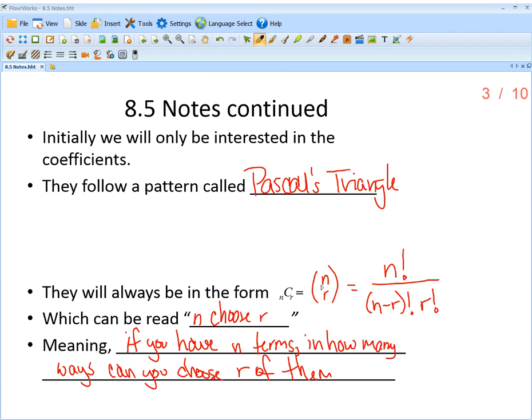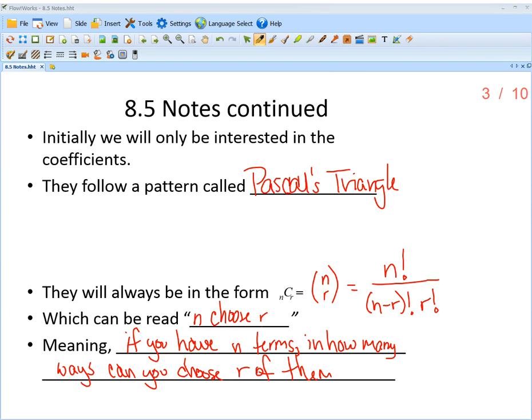This will tie into the rest of the chapter as well. N choose r just means if I have n, some number of terms, in how many ways can I choose r of those terms? And again, this is the formula for doing that.